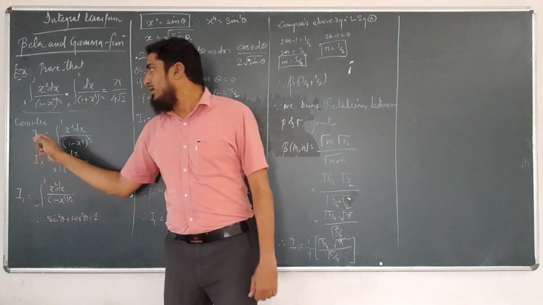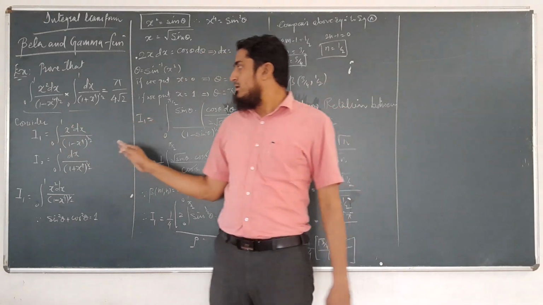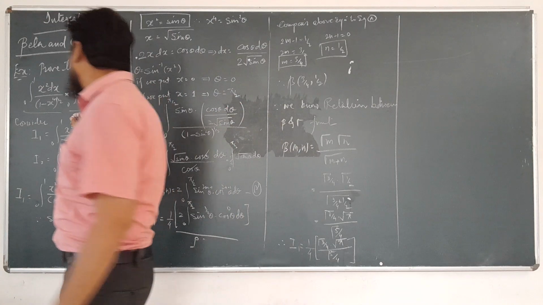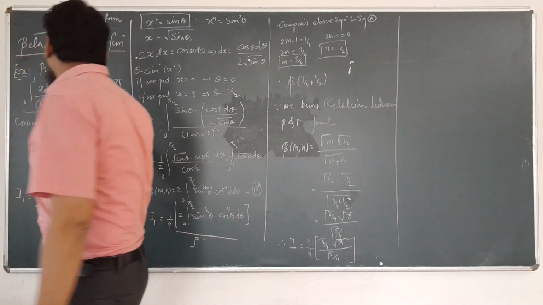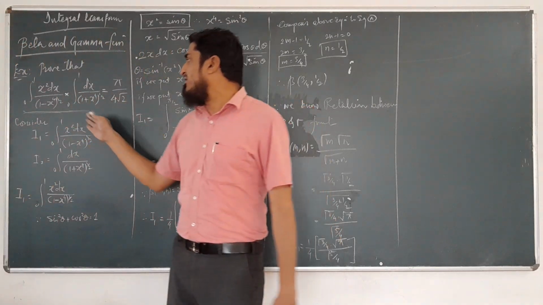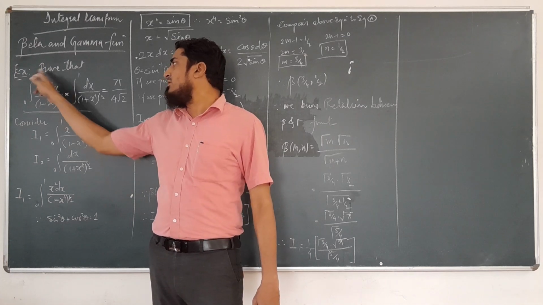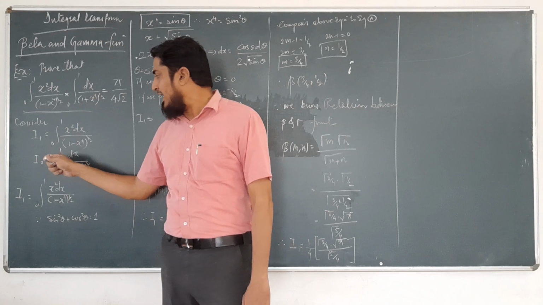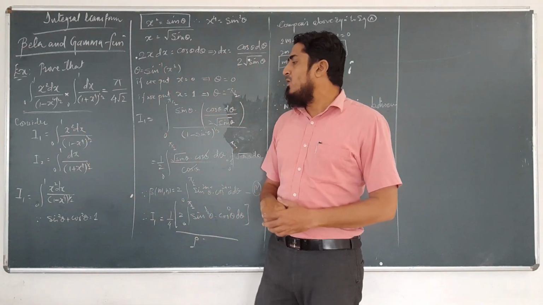Now we did partition in the left hand side. We took the first integration as I1 and the second integration as I2. Correct?